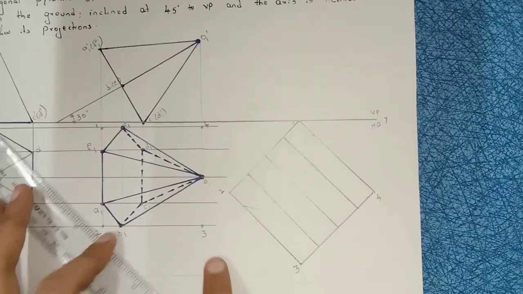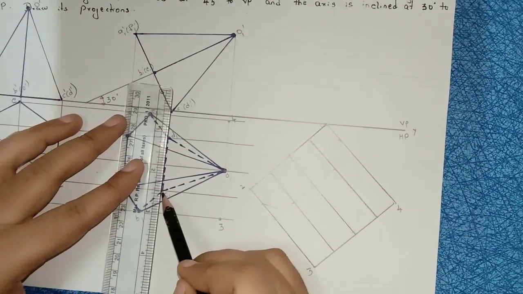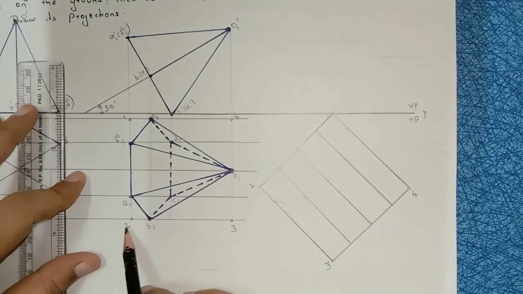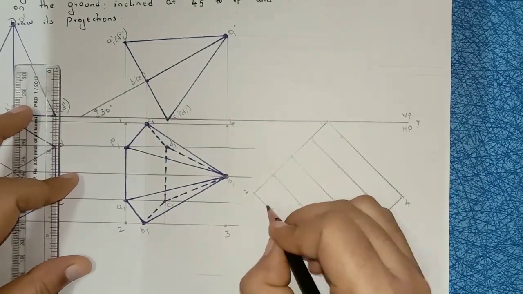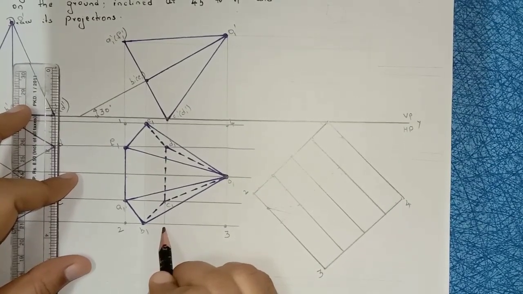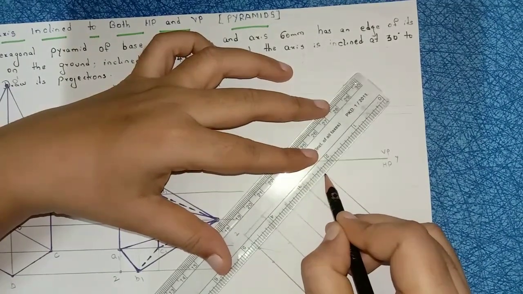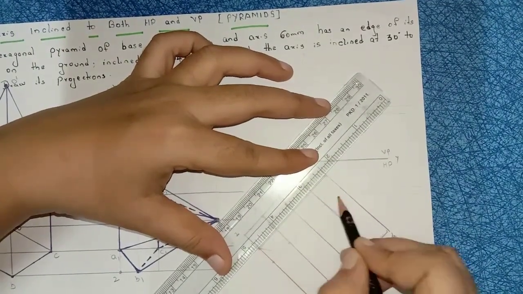Right, then next in between 2 and 3, see just project this C point till here, 2 to B1. Take the distance with compass, mark the point here. B1 to this distance, take the distance, mark the point here. Right, now draw the vertical lines here.